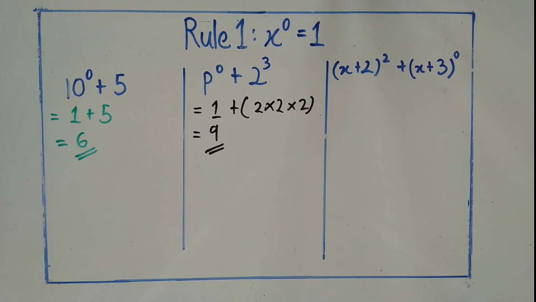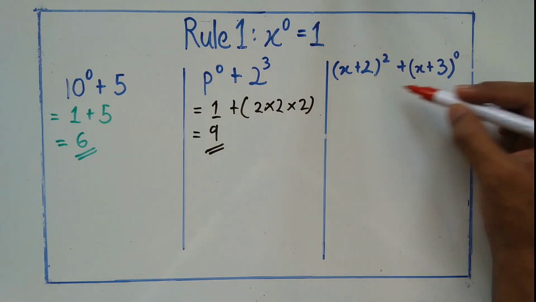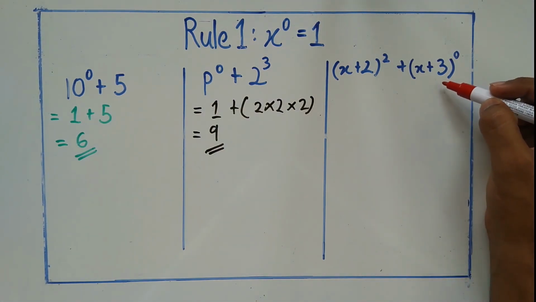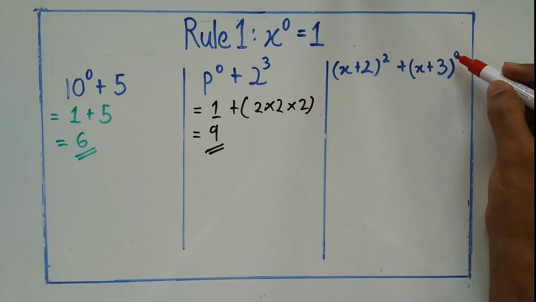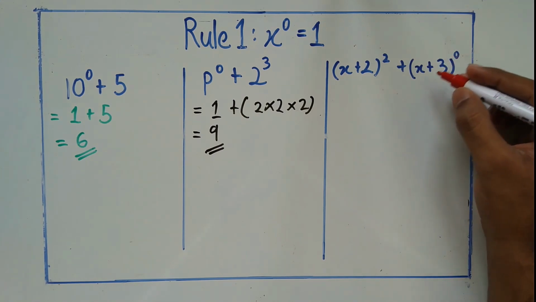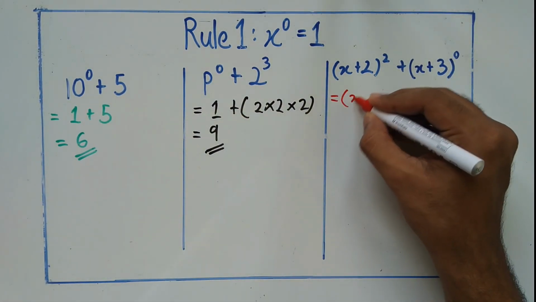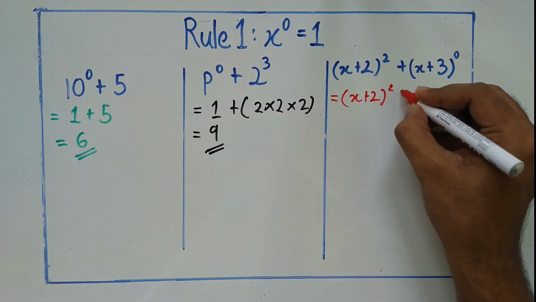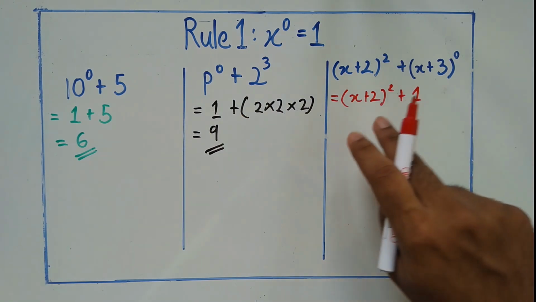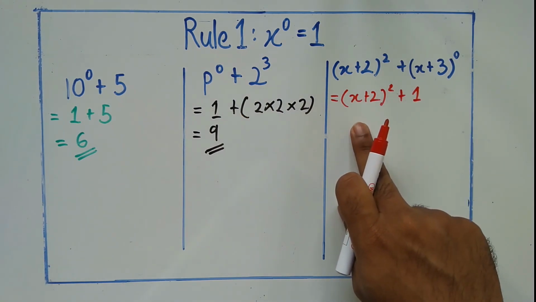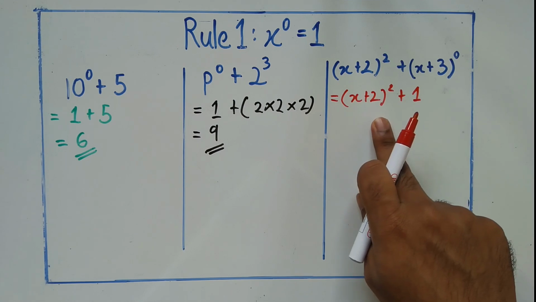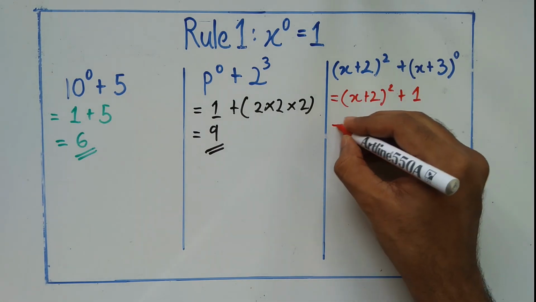In the last example, we notice that x plus 3 has a power of 0. Again, we simplify this term to 1. Then we expand the x plus 2 squared term to finish the computation.